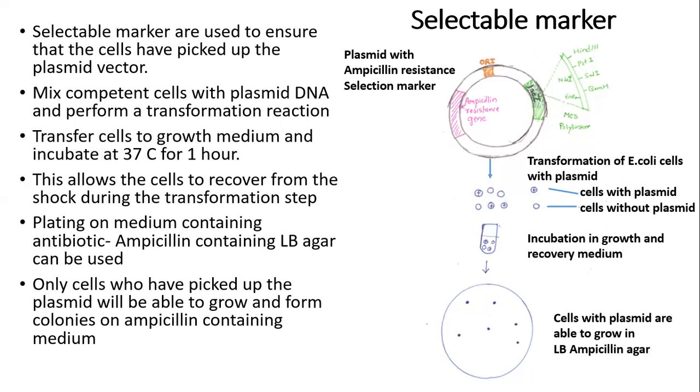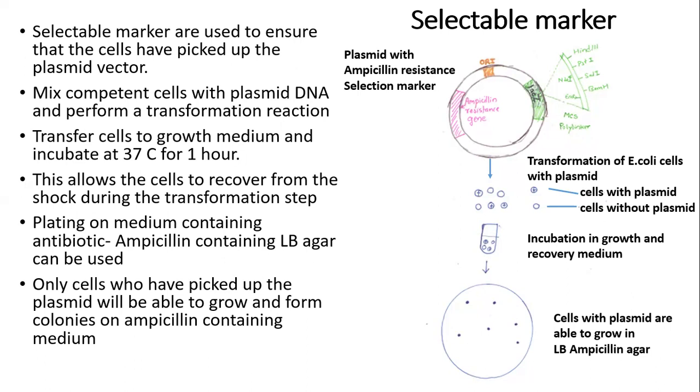So once we have done the recombination step, that is, we do the ligation with the insert molecule, we first digest the vector and the insert with a restriction enzyme, say, and then we do a ligation reaction.